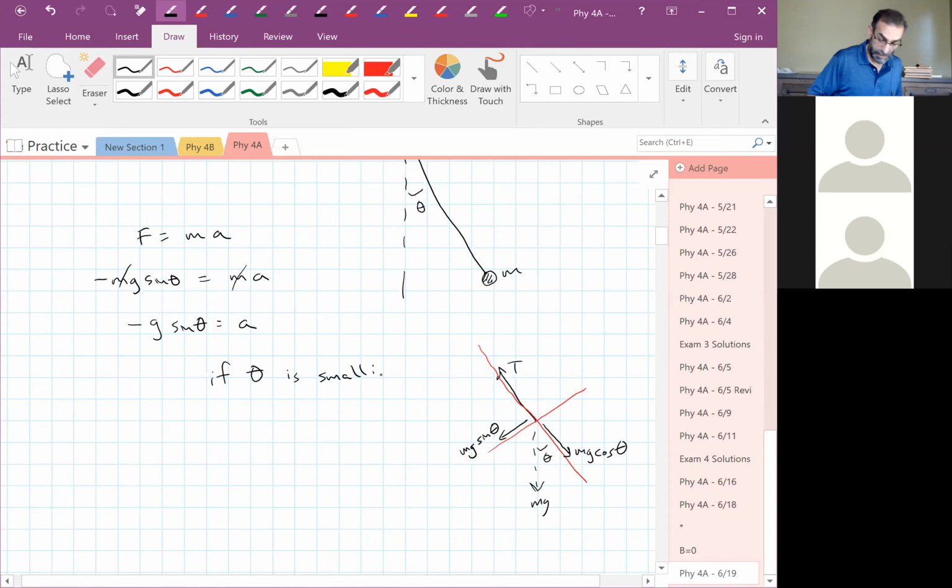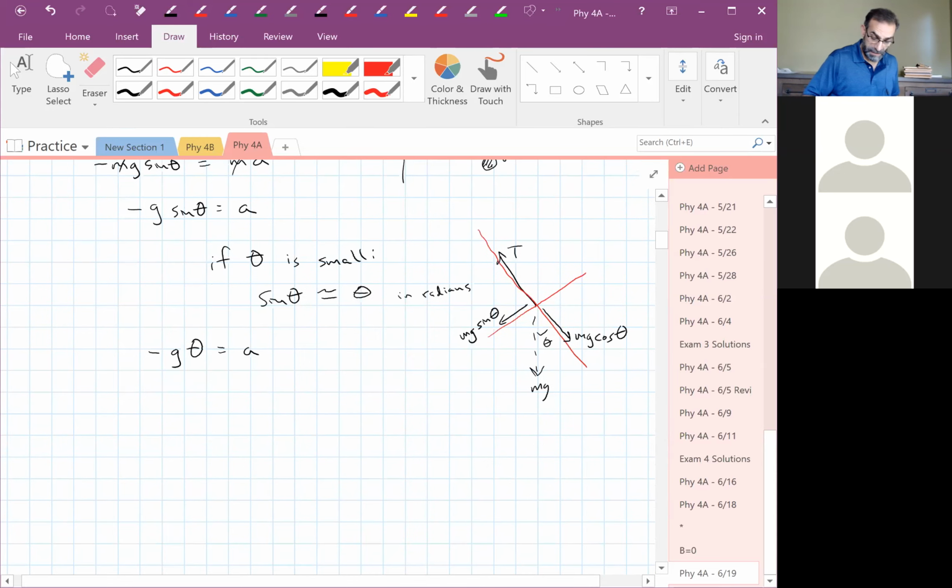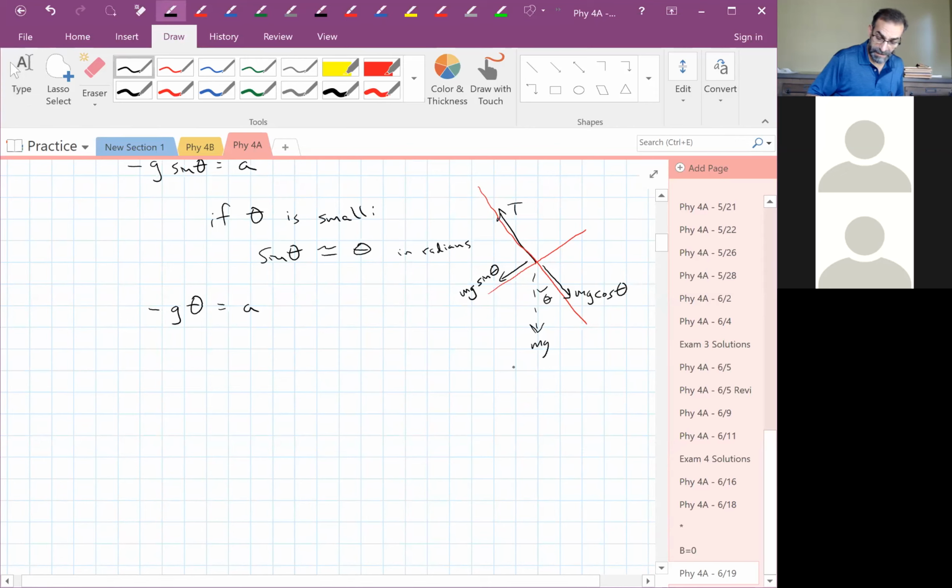If theta is small, sin theta is approximately equal to theta in radians. So we get minus g theta is equal to a. a is the second derivative of our distance, our arc length, and arc length is L theta, right?